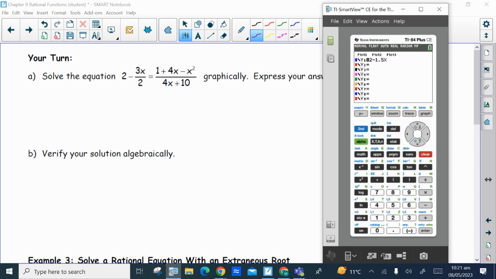For the right side in equation 2, we'll have to use brackets. 1 plus 4x minus x squared in brackets divided by 4x plus 10.